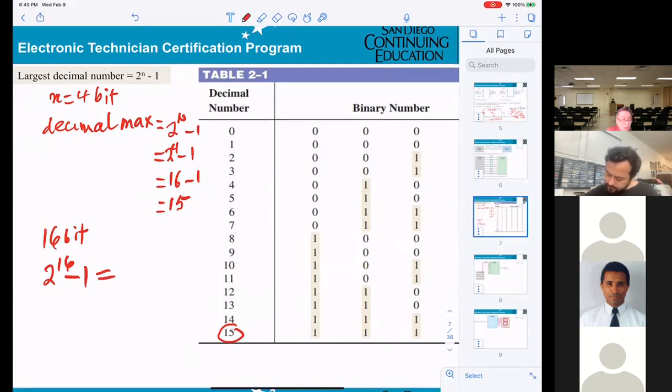That means in decimal, if you're using your calculator, you can get the number, I think 65,535. Okay? That is the way how to find the relation between the binary and the decimal.